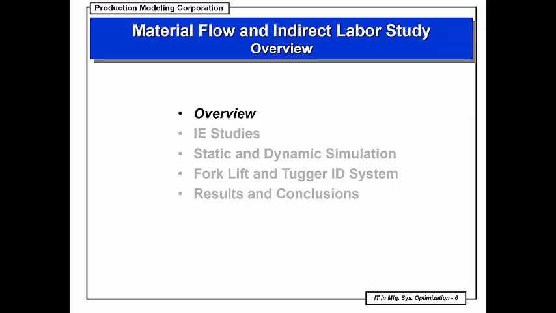I think this is one of the case studies where I'll walk you through what we did, what the objective was, how we went about looking at the project, and also reducing some of the non-value added time or indirect labor.